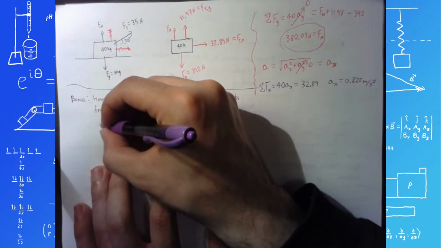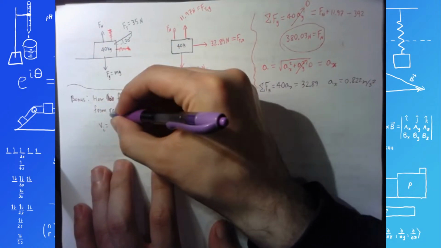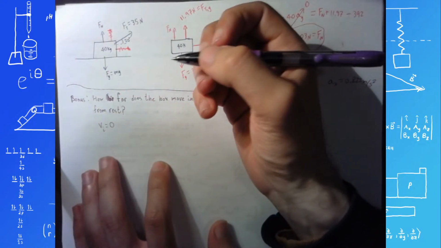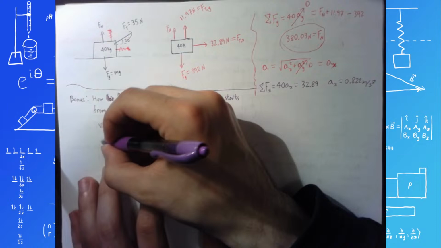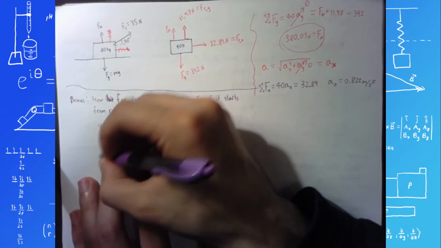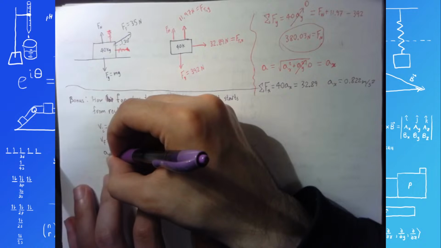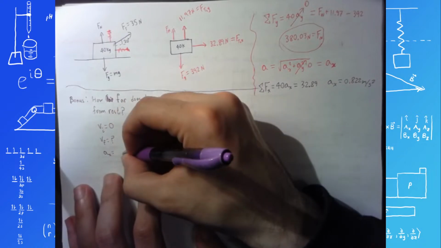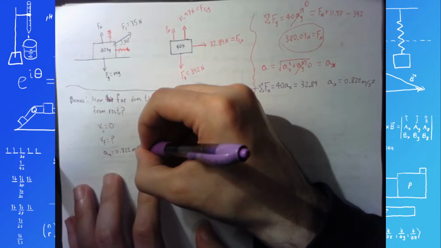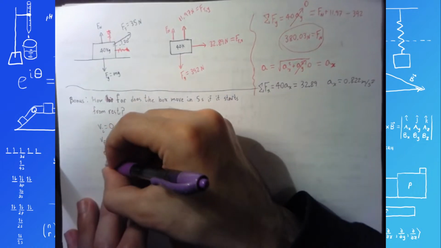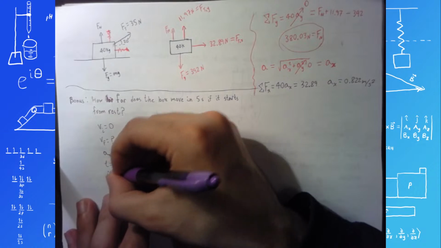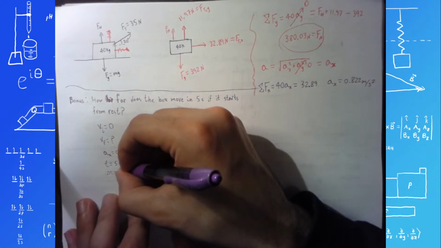Well, we are told by the starts from rest that v initial is 0, and we don't need to know v final, but listing it anyway. Acceleration, at least in the x direction, is 0.822 meters per second squared. Time is 5 seconds, and displacement in the horizontal is currently unknown.